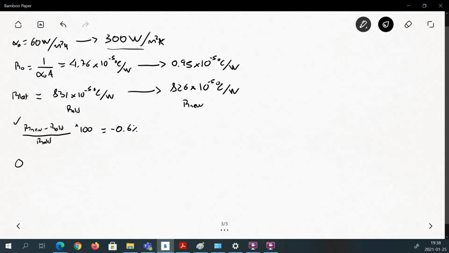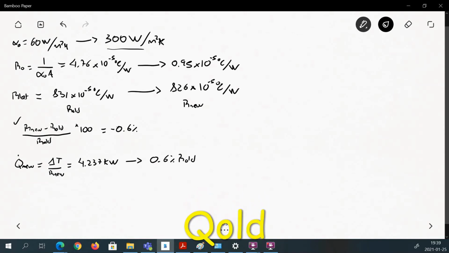Our heat transfer rate will be equal to Q new is equal to delta T over R new, which when we replace the values will give us 4.237 watts, which corresponds to an increase of 0.6% of the old value.